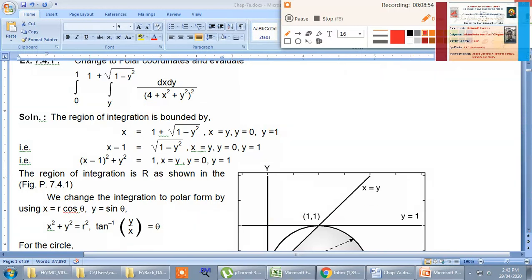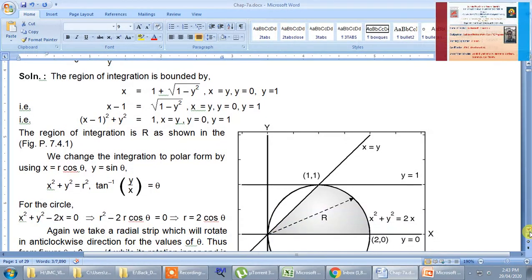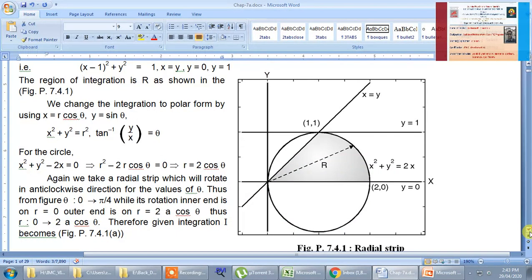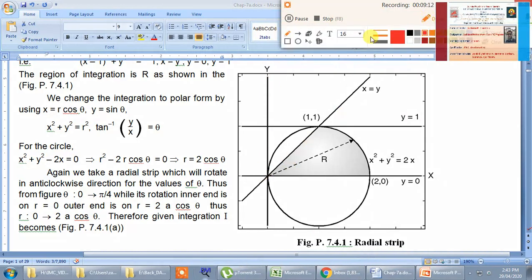So you will have your x-axis. This one is your x-axis, this one is your y-axis. Then I am going to directly draw this circle.